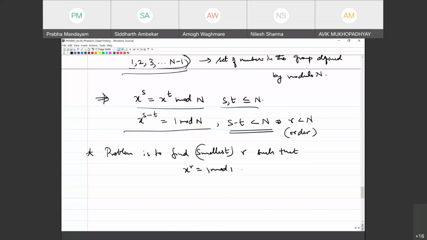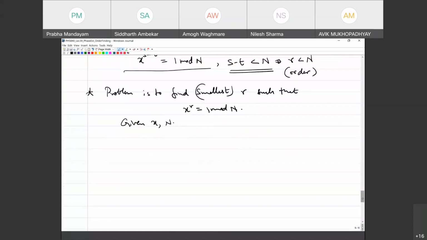And you're given x and n. So what sets the resource scaling for you in this case will be this capital N, which is the much larger number, right? So let us say that L is of the order of log n, right? Or that it is the closest integer function or the ceiling function or whatever, right?